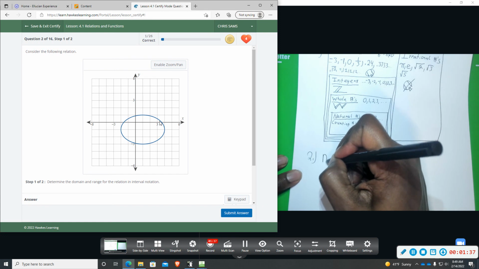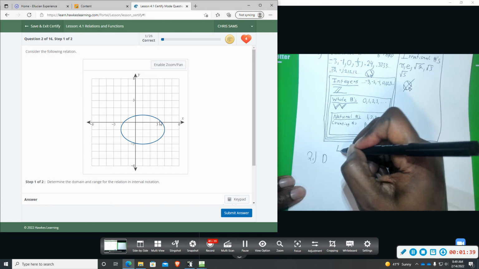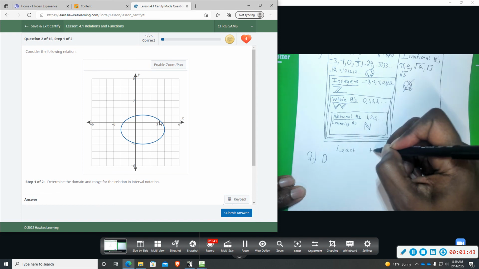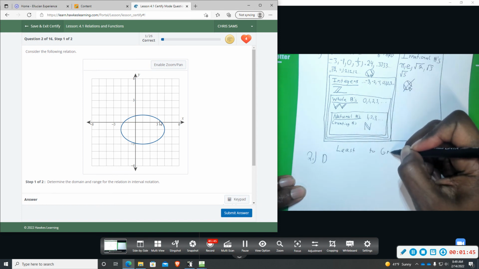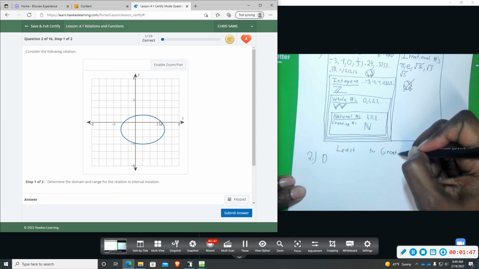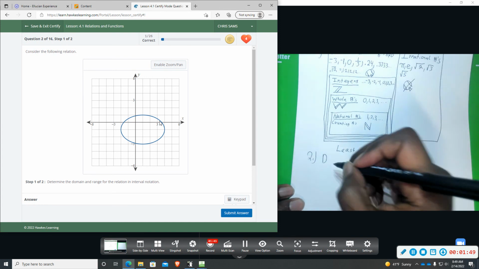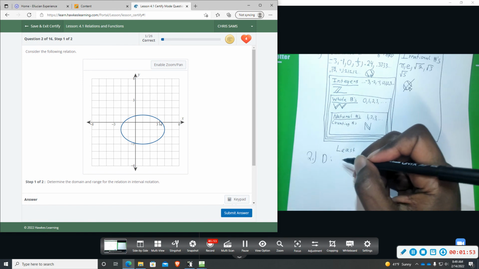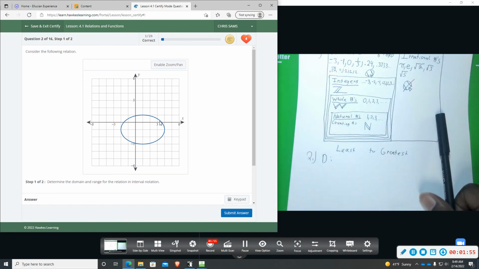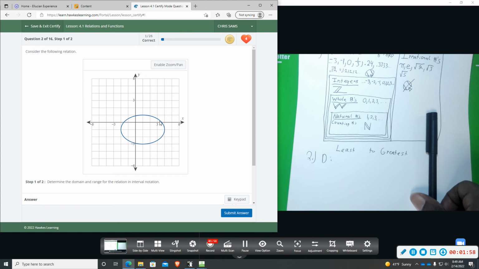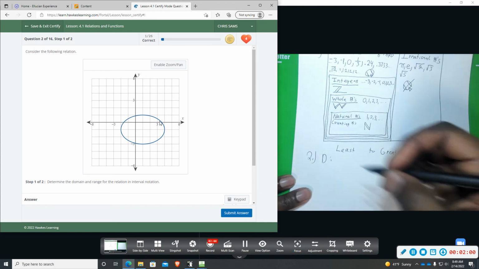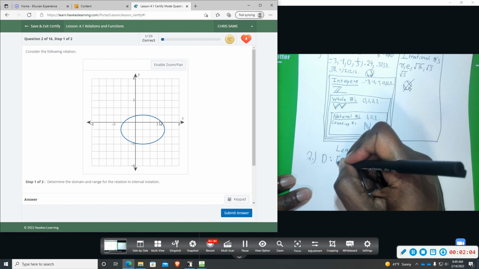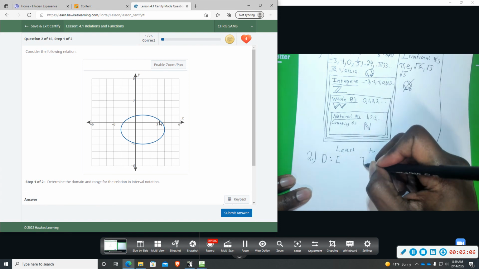So domain, least to greatest. And it depends on what you have. So the fact that we actually reach our endpoints means we're going to have brackets. Okay, so we're going to have both of these in brackets.